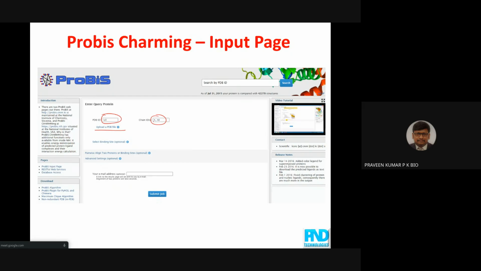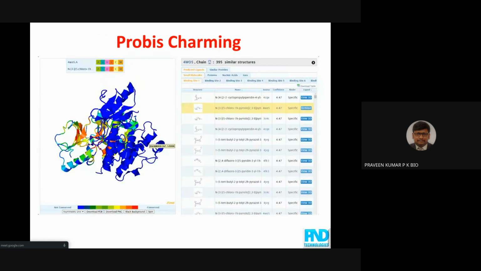If you have two chains and want to work with both, give the chains like A comma B. You can give an email, which is optional, because it takes some time to generate the result. The protein structure I uploaded is 4W05, which I just downloaded from the PDB website.